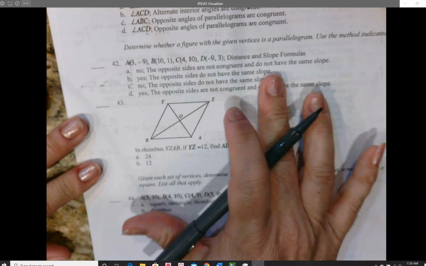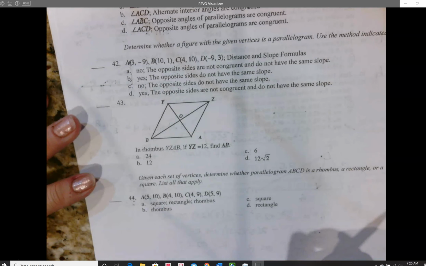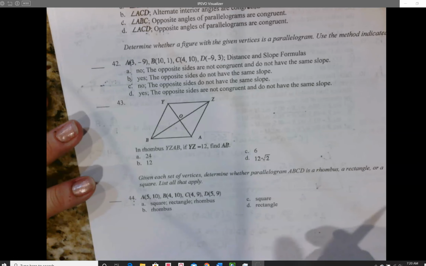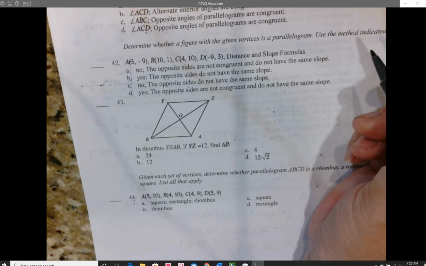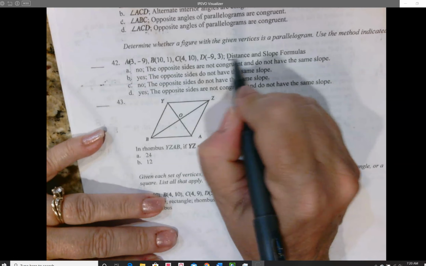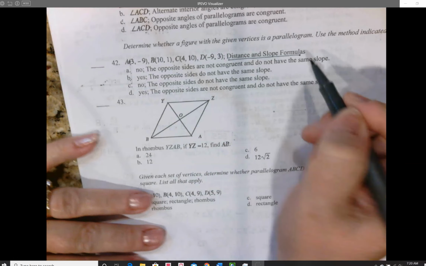Okay, so for number 42, I don't need to use the picture. I am just going to figure out if my opposite sides are congruent. So I have to use the distance and slope formulas to figure out if the opposite sides are congruent and if they have the same slope.